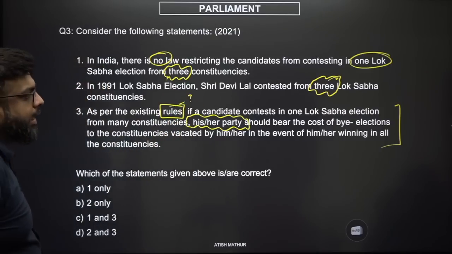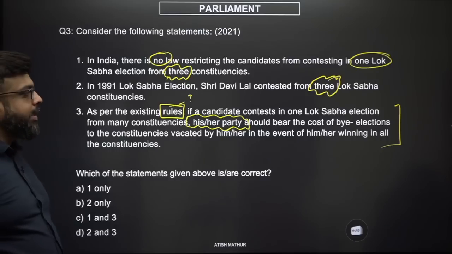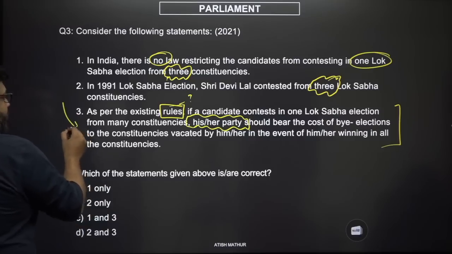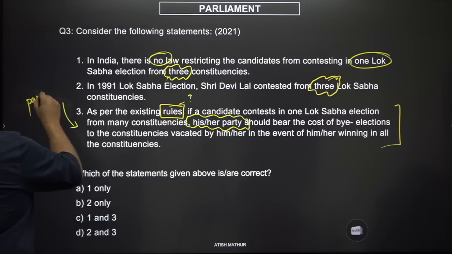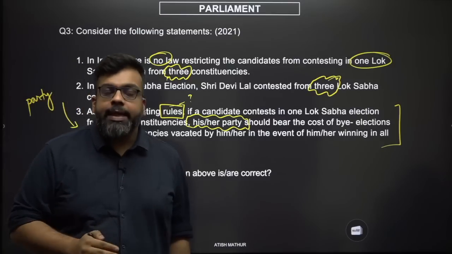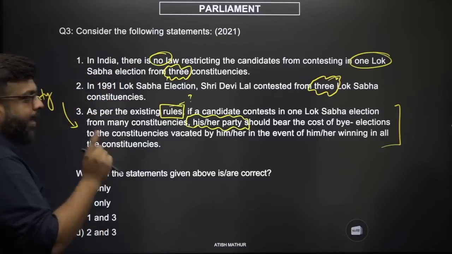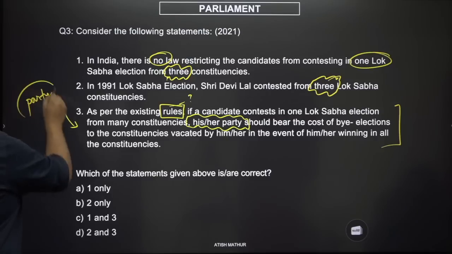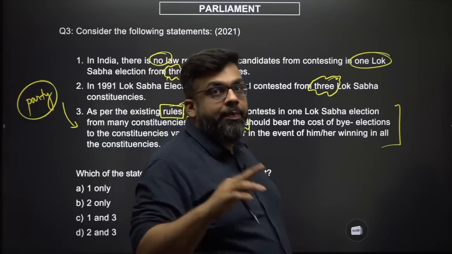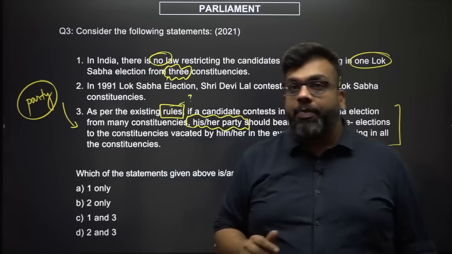If a candidate contests in one Lok Sabha election from many constituencies, his or her party, which means you're talking about a party candidate, and we understand that an election is not only fought by party candidates, it is also fought by independent candidates. So apply this. If it could apply to a party candidate, it should also apply to an independent candidate. You can't have 2 separate provisions treating party and independent candidates differently. That would be perverse under law.